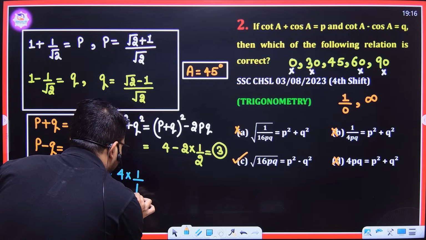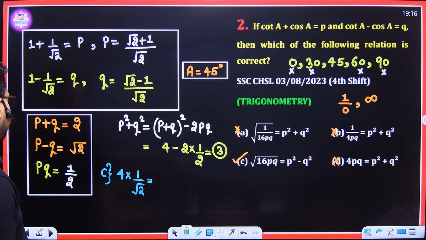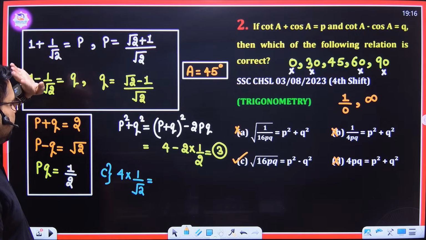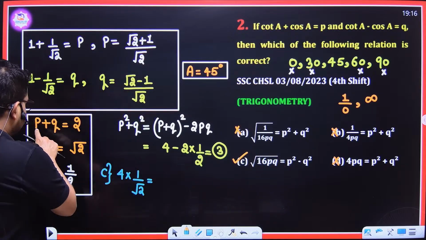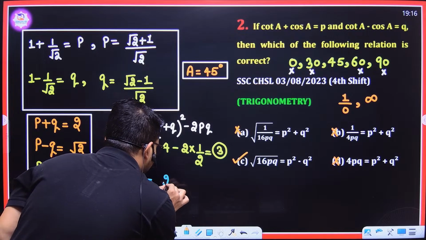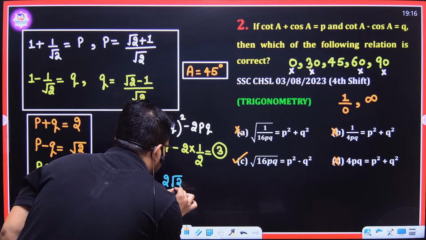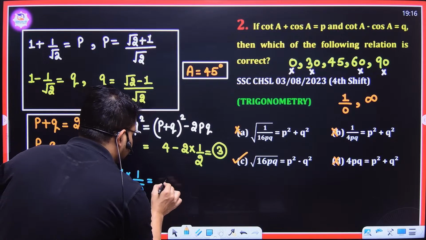This is equal to P square minus Q square, which can be written as P plus Q, P minus Q. Here P plus Q is equal to 2 and P minus Q is equal to root 2. So it means 2 root 2. And 4 by root 2 is also 2 root 2. So 2 root 2 is equal to 2 root 2.